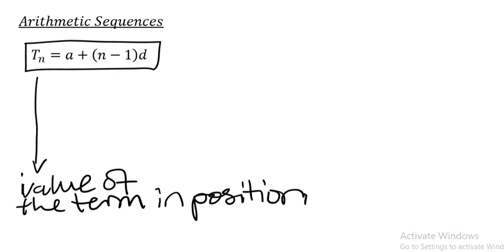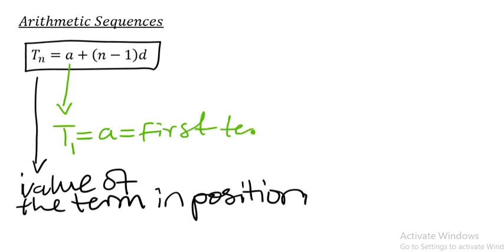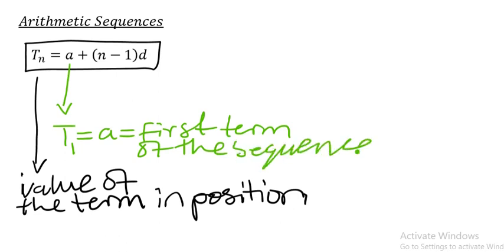All right, now we also have a here. A is the first term of the sequence. That is our a there.